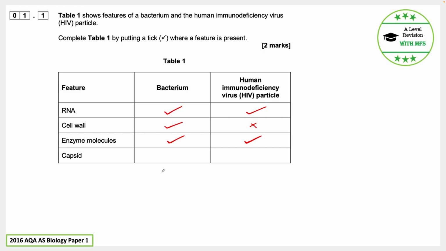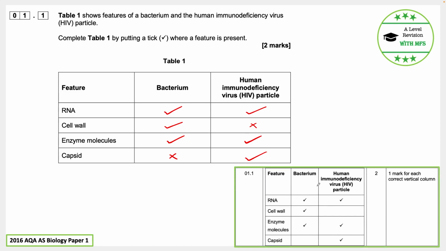And finally, a capsid. Bacteria don't have capsids, however the HIV particle does have a capsid. Okay, and if we have a look at the mark scheme, the mark scheme says just that. Okay, and you would get 1 mark for each correct vertical column. Okay, and that's why it's worth 2 marks.